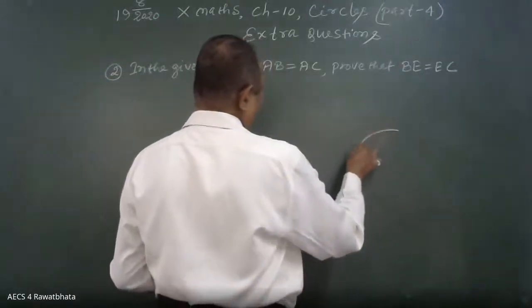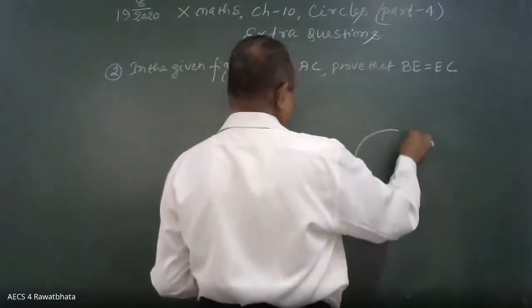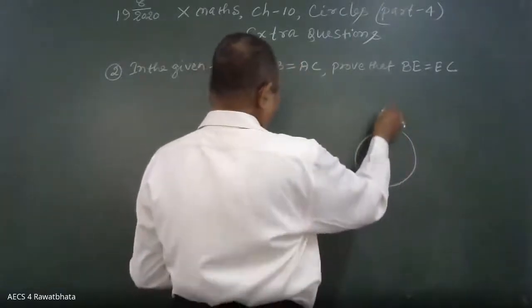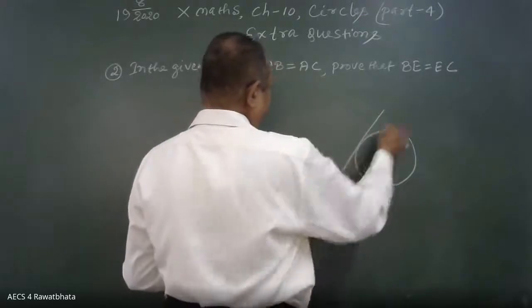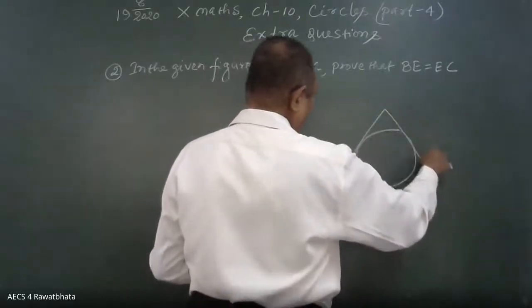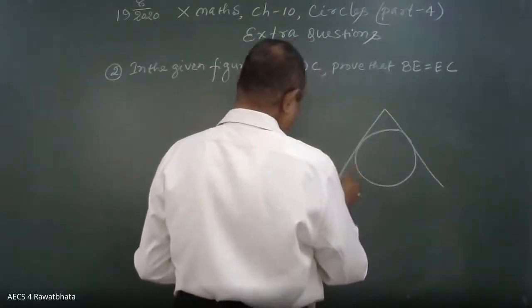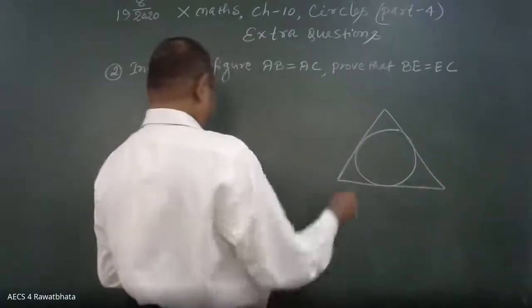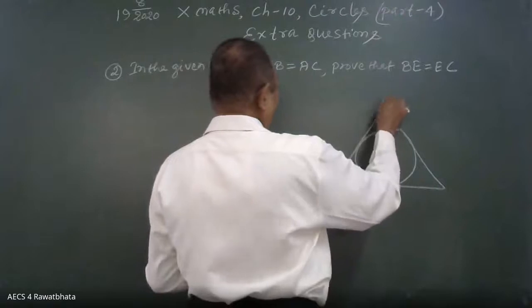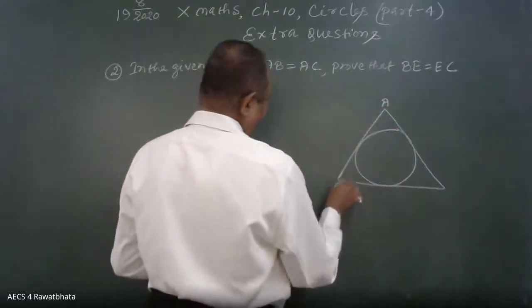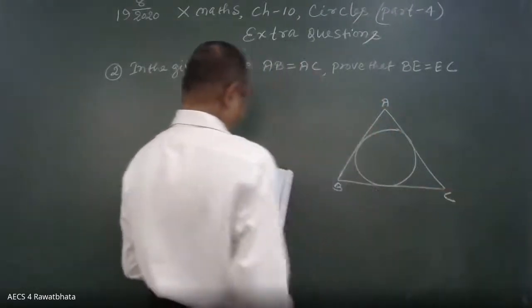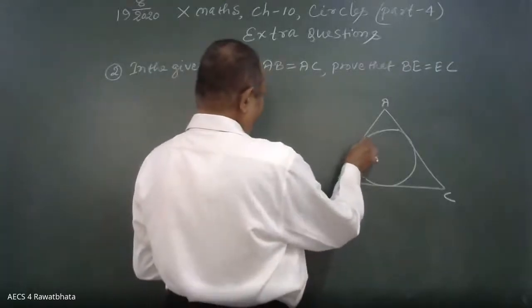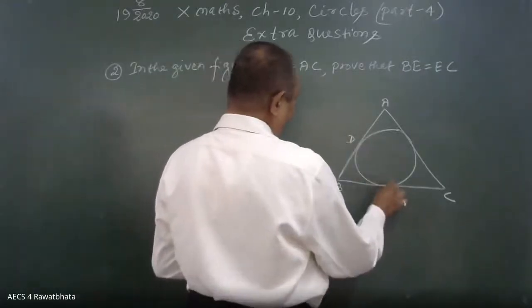This is a circle, draw a circle, and this is a triangle ABC. And D is the point of contact.